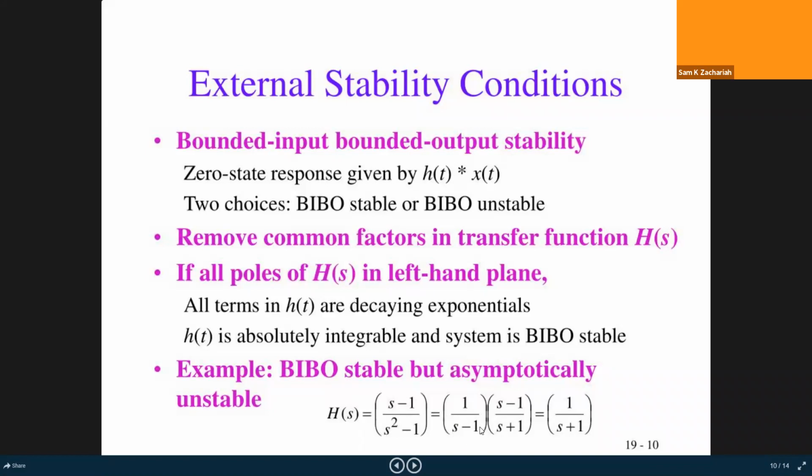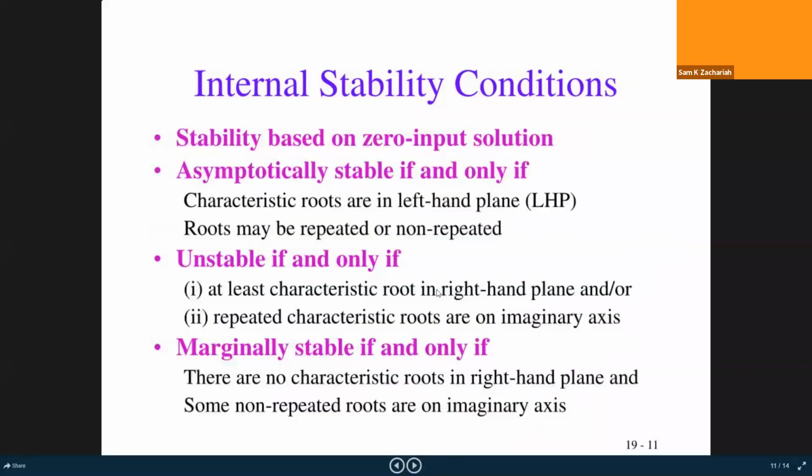So if there are any disturbances we give to the internal state, that will diverge, but you need not worry about that. Those are advanced parts of stability that you will study in the control systems class. That is the internal stability condition, stability based on the zero input solution.